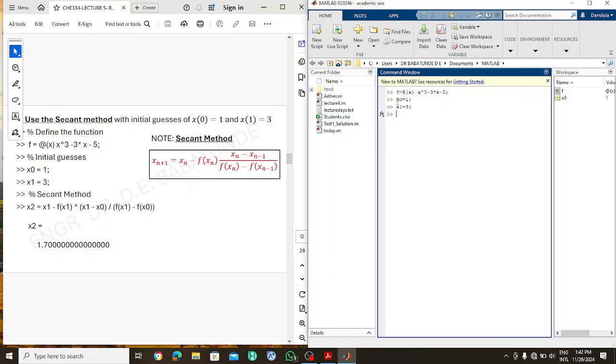So now let's type in our second function. So our second method says x2, that's what we are looking at now, is equal to what? x1, I've explained that before, minus f of x1, multiplied by x1 minus x0 divided by f of x1, excuse me, minus f of x0.